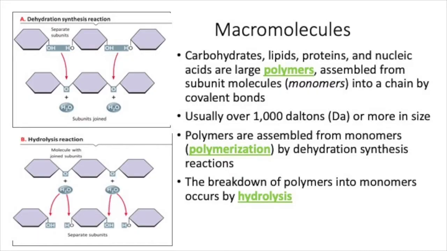And then what do you have? You bind the two separate subunits together, and then you get water floating off. And you can see that on the side here. Dehydration synthesis reaction and water.